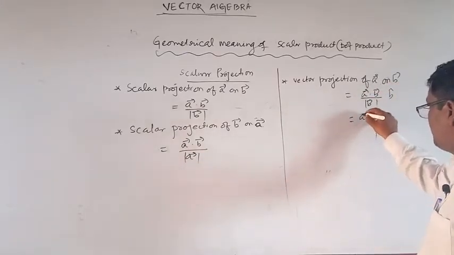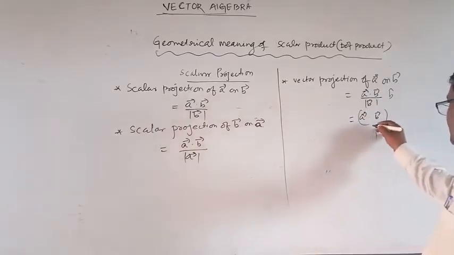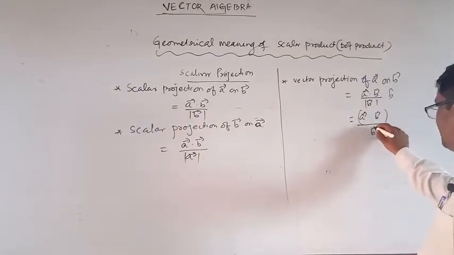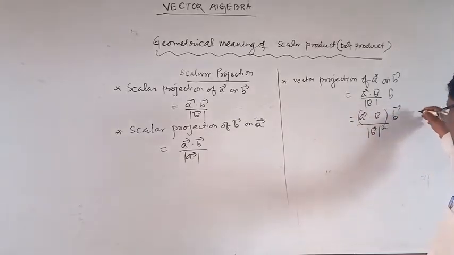So this is equal to A dot B divided by magnitude B square, multiplied by vector B. This is a vector quantity.